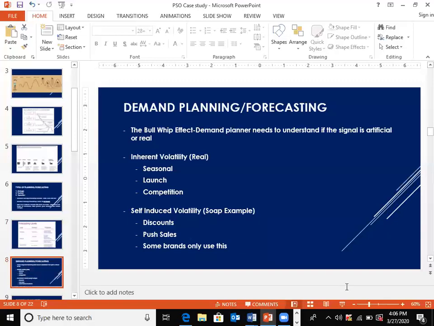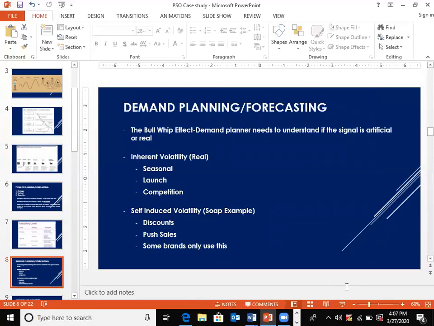So there's all of a sudden a huge shift or a huge volatility in the sales of sanitizers. And it's a very real volatility. This is not something that any sanitizer company has induced. It's just that the external events have caused this volatility.